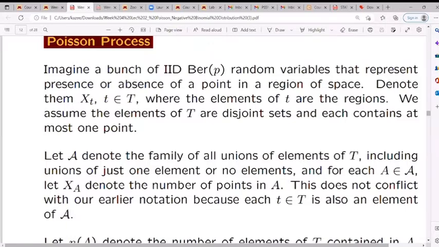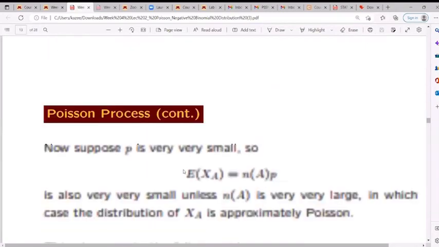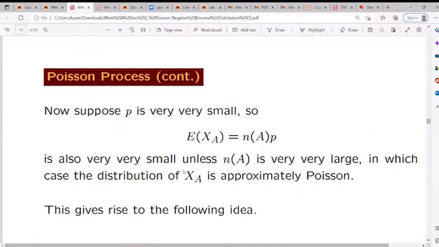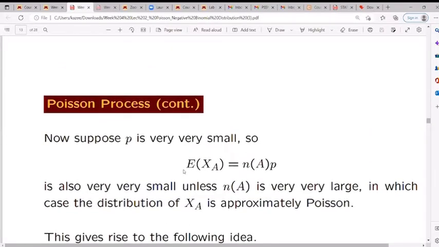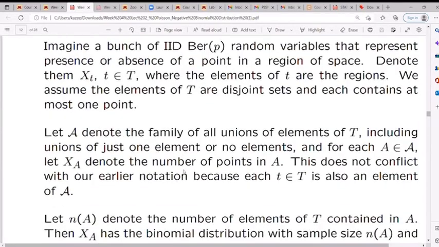The other time I told you the generalization of Bernoulli is binomial, and right now you're going to see that we have succeeded in proving Poisson from a binomial distribution. Now, let me just talk a little bit about the Poisson process.